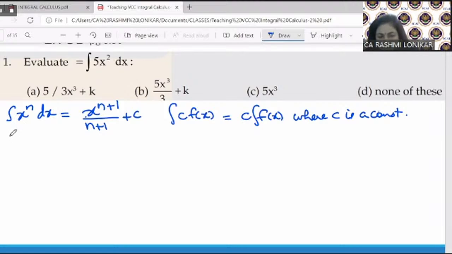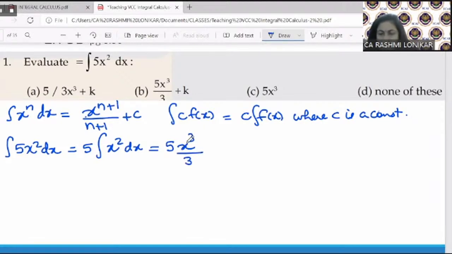So I have integral of 5x square dx is equal to 5 integral of x square dx, which is equal to 5 into x square will be x raised to 3 upon 3. Where did this 3 come from? 2 plus 1 is 3 upon 3. n plus 1, here n is equal to 2, plus c. So answer is 5x cube upon 3.